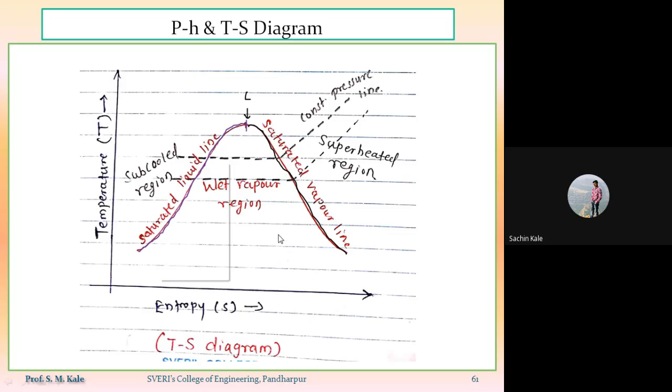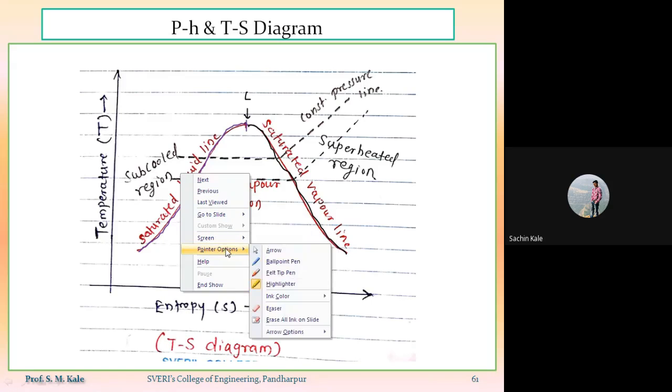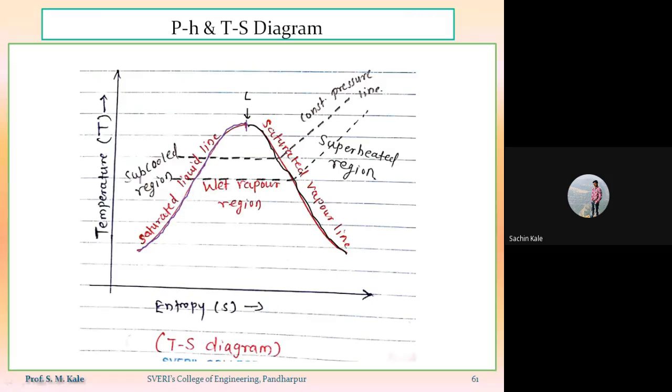So whenever you are going to heat that subcooled liquid, it will get converted into saturated liquid. So this is the subcooled region.